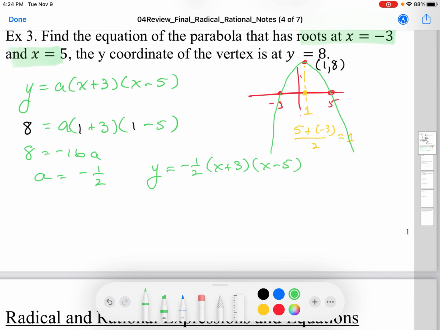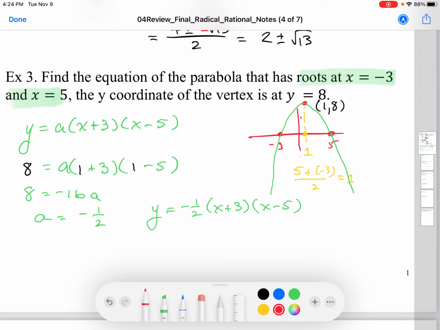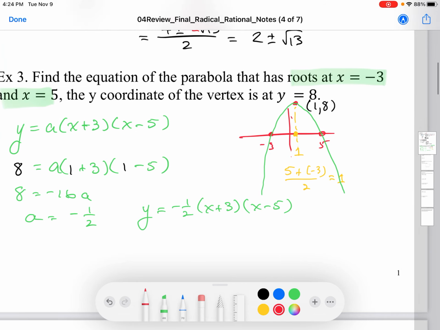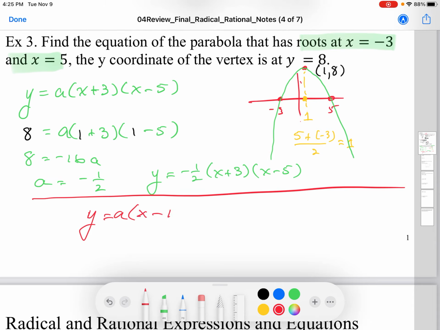Now, some of you may have chosen to find the vertex point of 8 and 1, and starting from the vertex point, we could actually put it into the graphing form. And so this is an alternative solution where we could start with the vertex form, a(x minus 1) squared plus 8, and then we can plug in one of the roots.